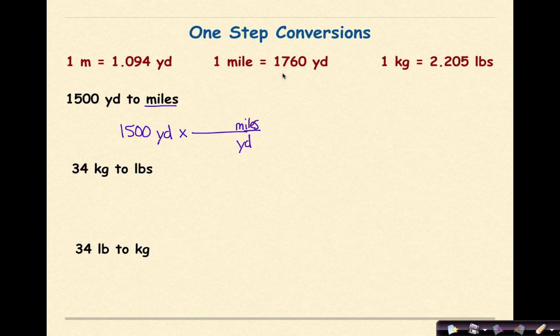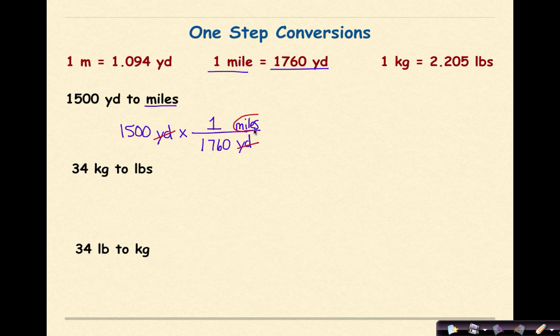And then I look up at my conversion factors because I don't expect you to memorize these. And this says that 1 mile is equal to 1,760 yards. So 1 mile is equal to 1,760 yards. And I know that I have this set up correctly because yards will cancel yards.